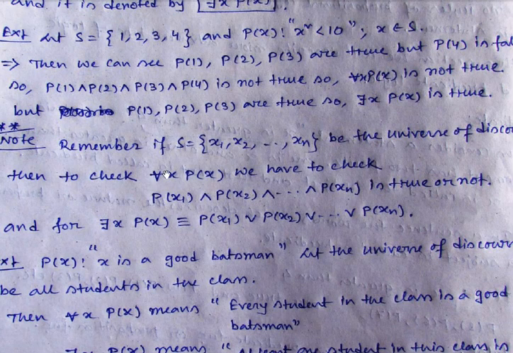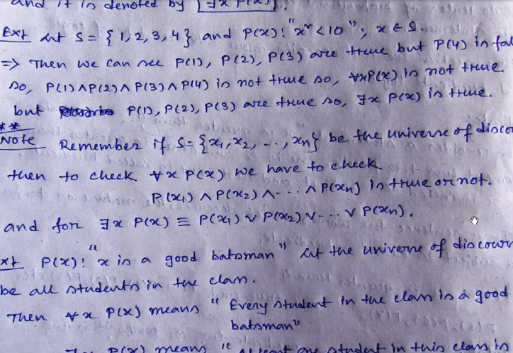To check whether for all x P(x) is true, we have to find all the propositions and their conjunction, that is, P at x1, P at x2, ..., P at xn. If the conjunction is true, then we can say that for all x P(x) is true.